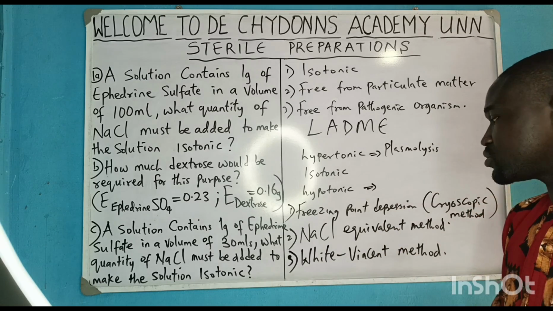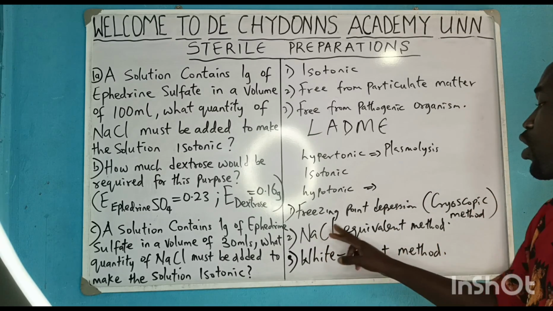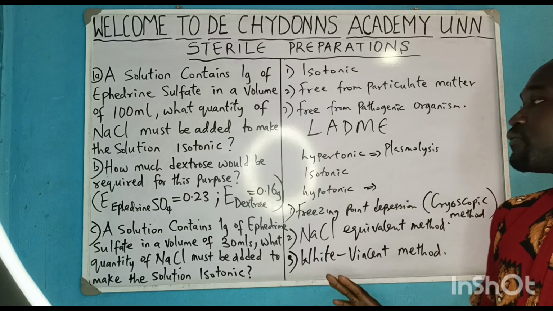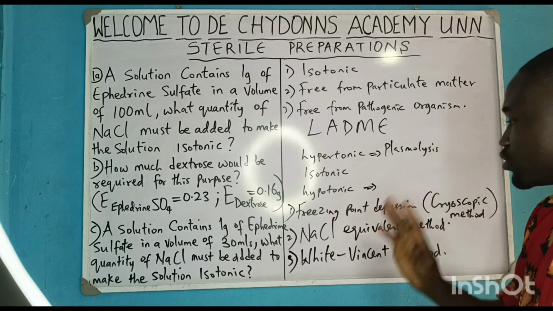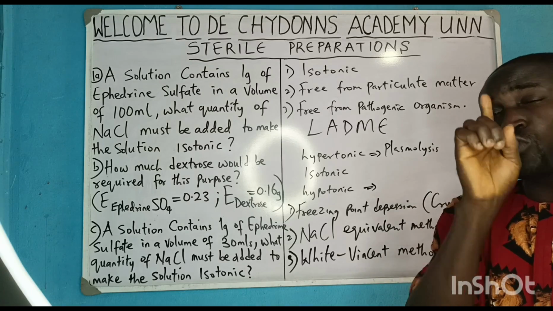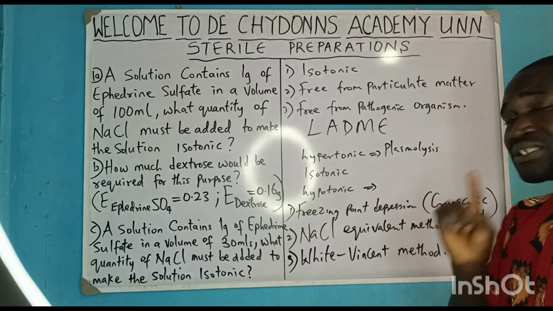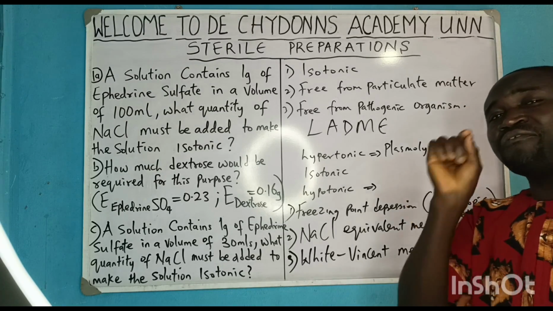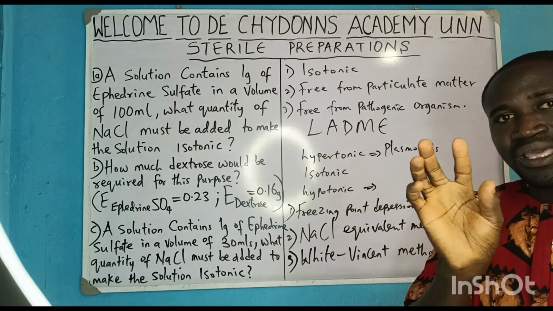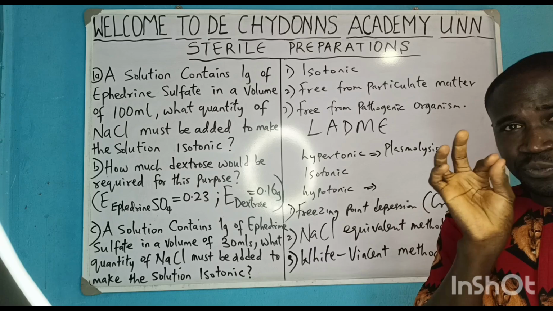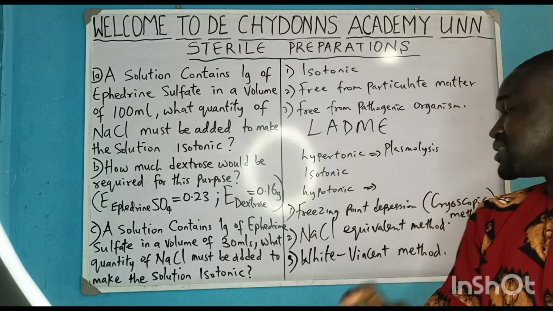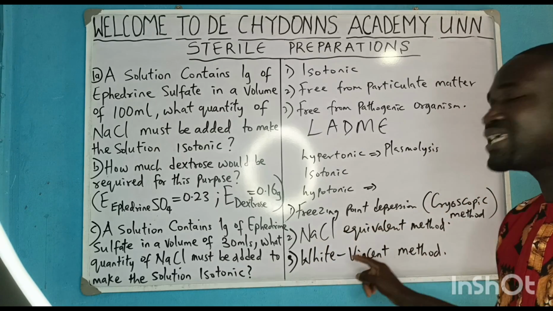to sort it out. Now, to use the sodium chloride equivalent method to make a particular sterile pharmaceutical preparation isotonic, it's important for you to note that every powder, so to speak, has its sodium chloride content.